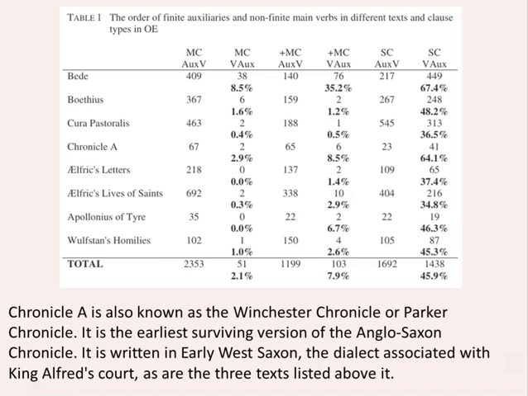Modern German almost without exception, except perhaps in poetic cases, has the verbs at the end of the subordinate clause, but not so in the early West Saxon dialect of Old English.